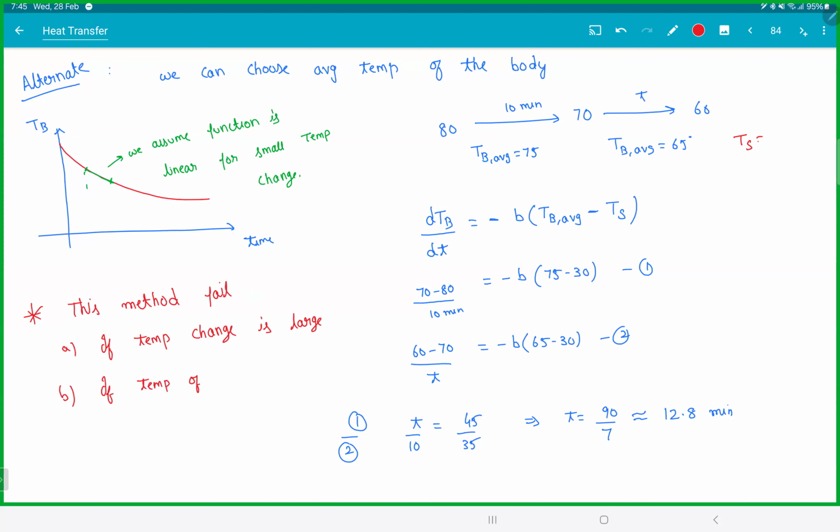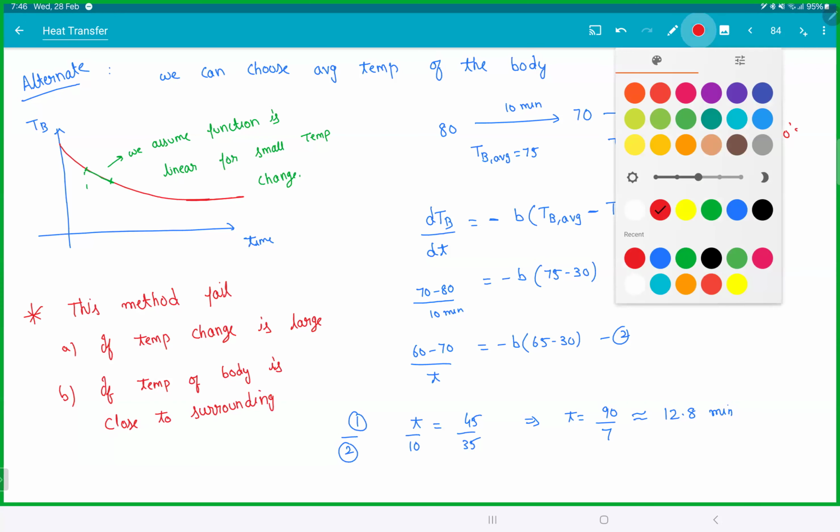If the temperature of the body is 40 degrees, this will give a lot of errors, because if you see this graph, it becomes almost flattish, when the temperature of the body is close to the surrounding. So in that case, we have to use the log method only.